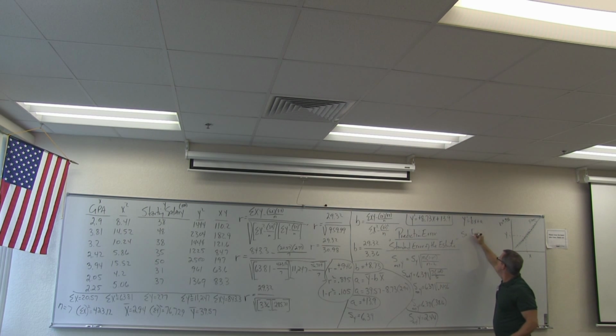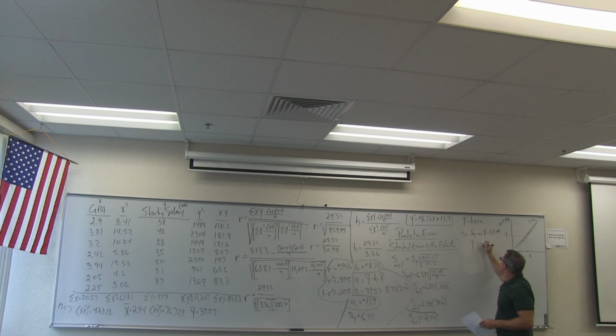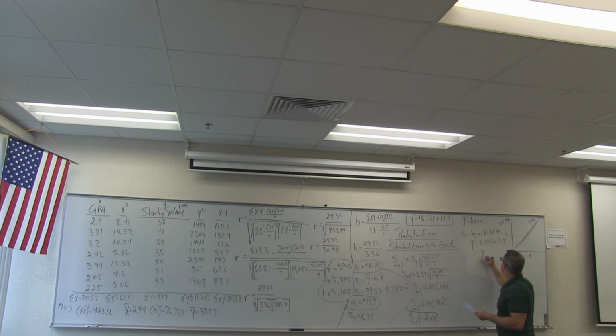For an x equal to 3.0 GPA, y prime equals... and if you're wondering where I got the 3.0, I just sort of picked it arbitrarily. I will give you that x. Just plug the x in. Y prime equals b, 8.73, times 3, plus the y-intercept, 13.9. And if we run this through, y prime is 40.09.